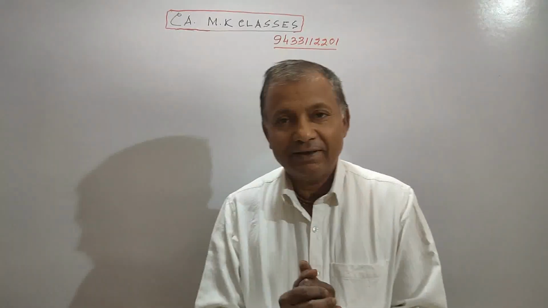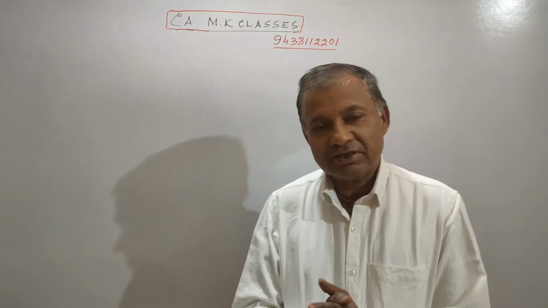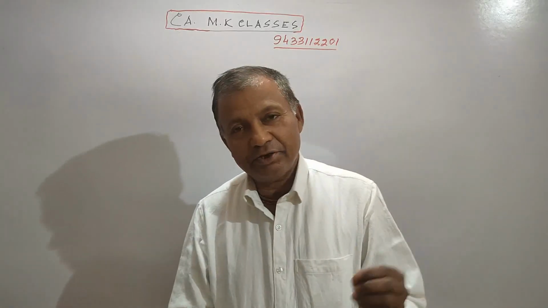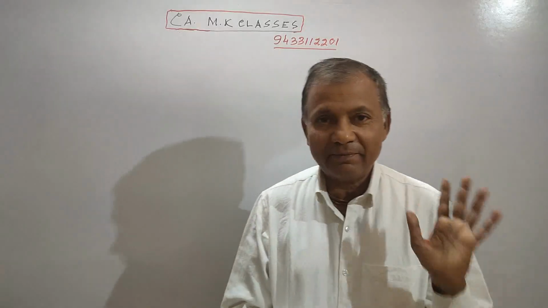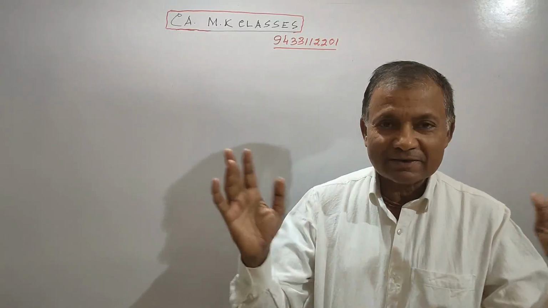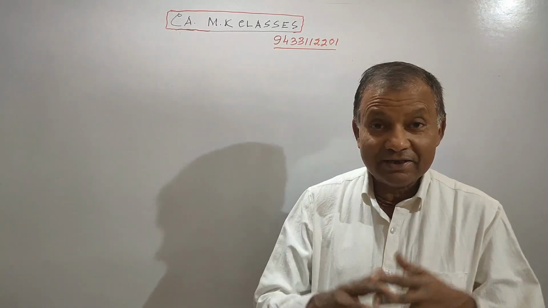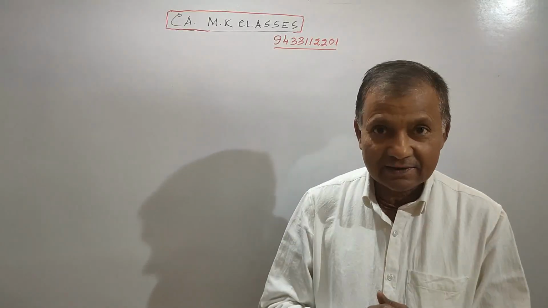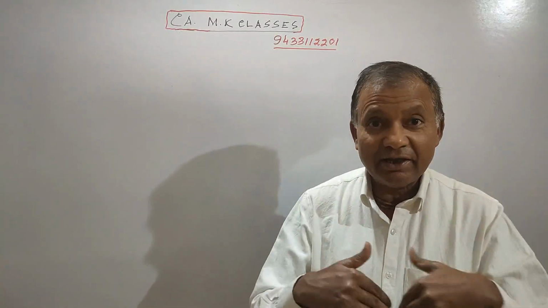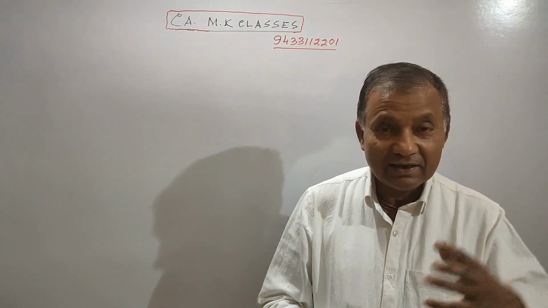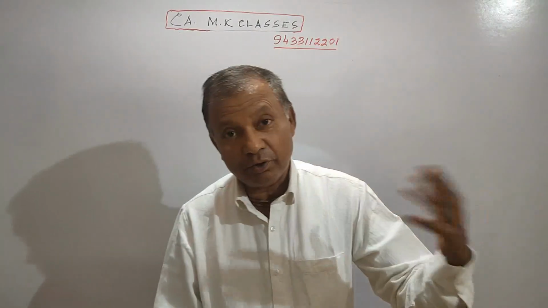I think we will start with the new subject, and that is your cash flow statement. As you know, cash flow statement is a flow of cash: how the cash is coming into the business and how the money is going out from the business.